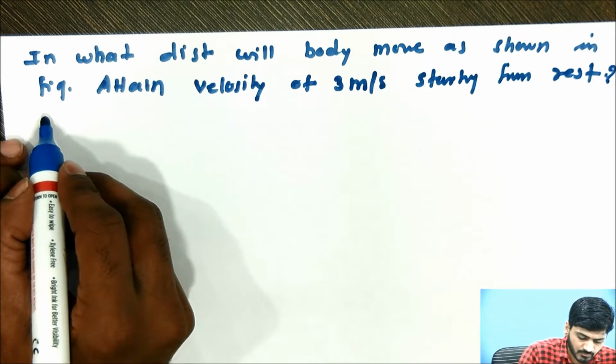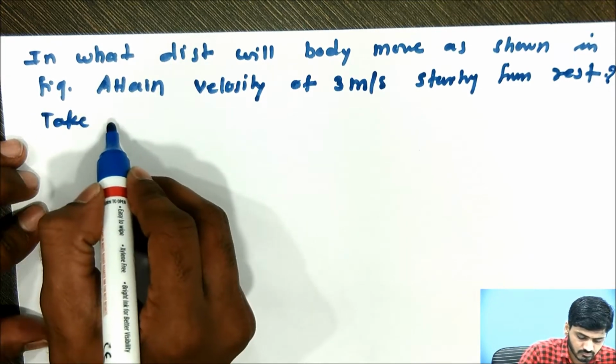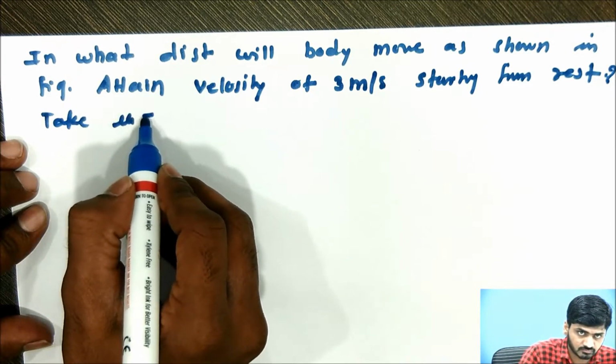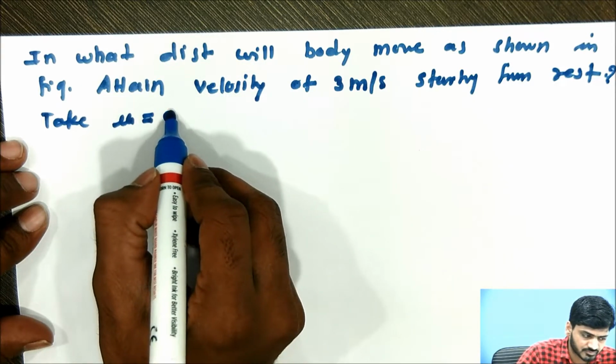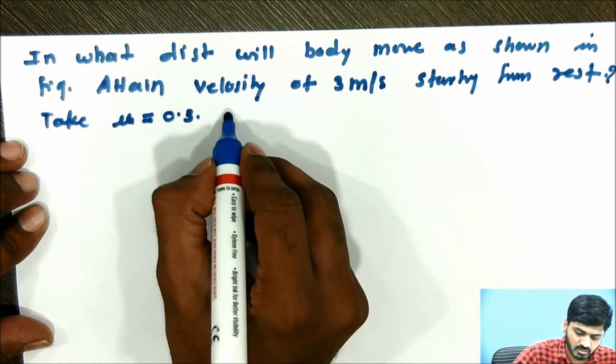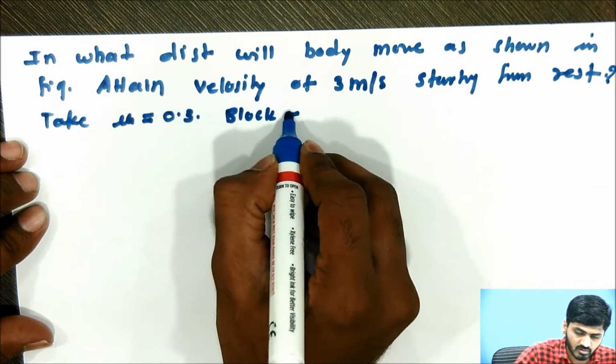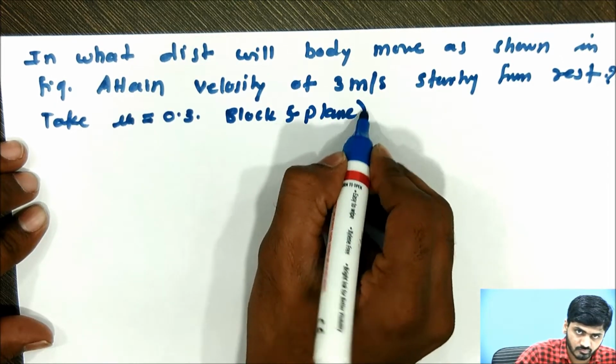Take coefficient of friction 0.3 between block and plane.